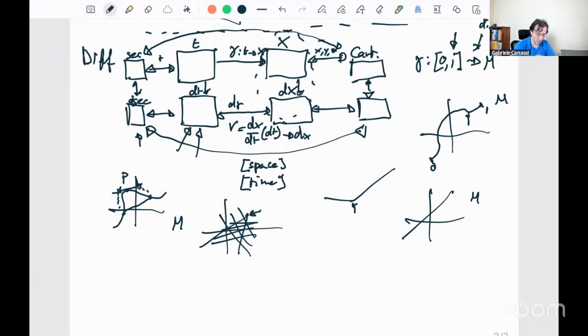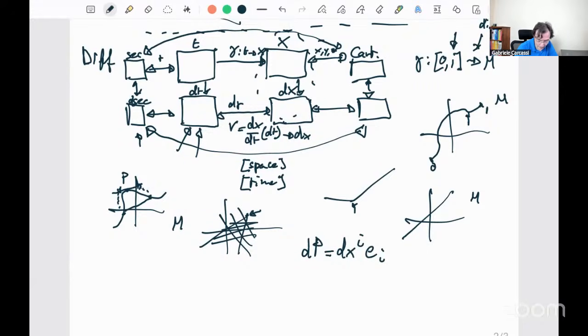So going back to this, we want to be able to write dp equals dx^i e_i. Right? This is the typical thing that we want to write.